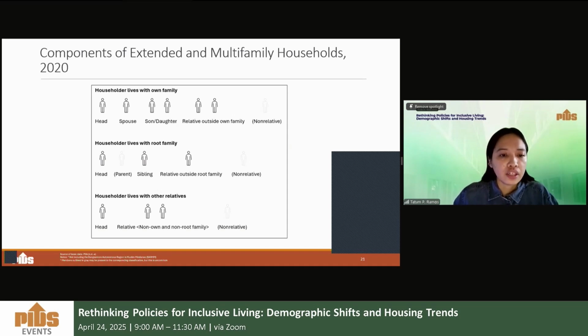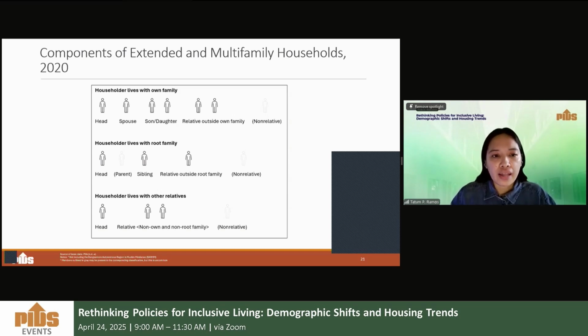And then there's another classification wherein the household head lives with a root family. So the head can be joined by a parent, a sibling, a relative outside the root family, and possibly a non-relative. And then for the third classification, we have a householder living with other relatives. So the head is living with a relative who is not part of the own and the root family. And also he or she could be living with a non-relative.